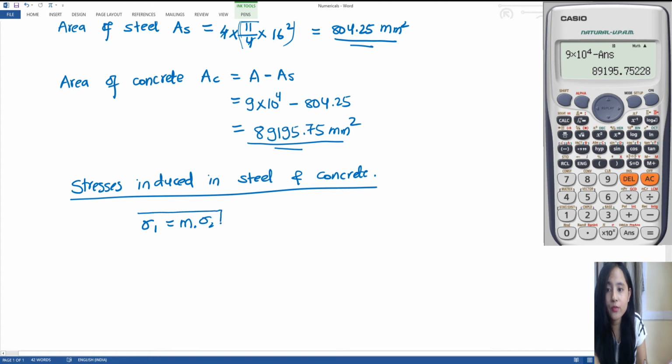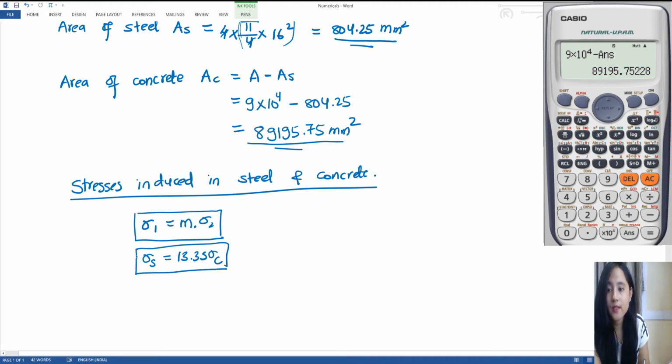Here sigma 1 is the stress induced in steel, the modular ratio given was 13.33, and sigma 2 is the stress induced in concrete.